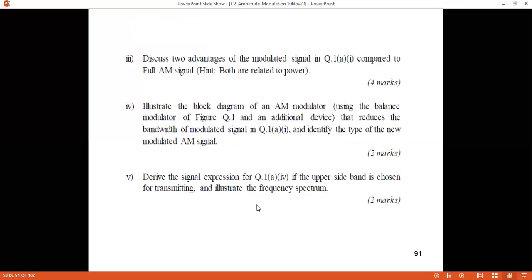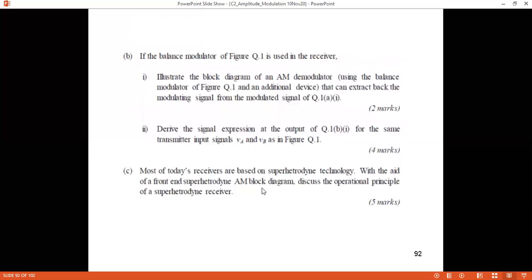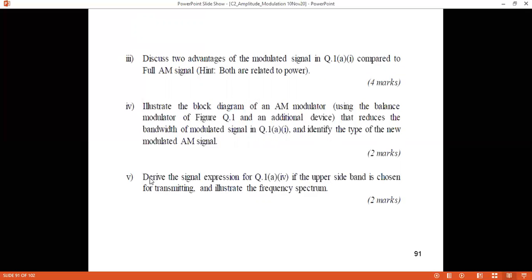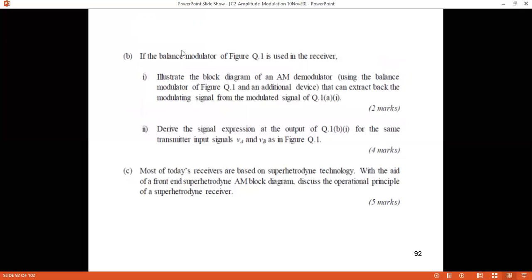If the upper sideband is chosen, illustrate the frequency spectrum. Okay, from this part 5, you also know what type of modulated AM signal this is.